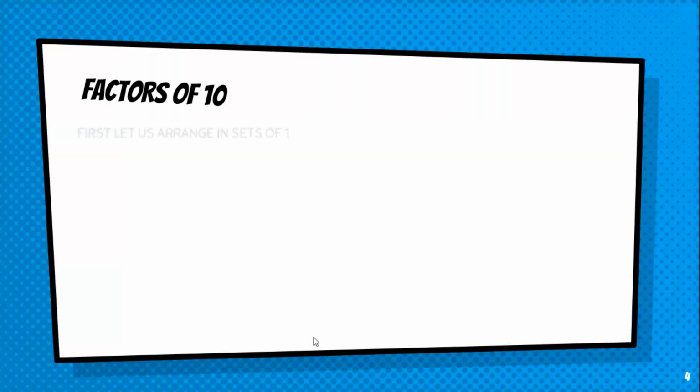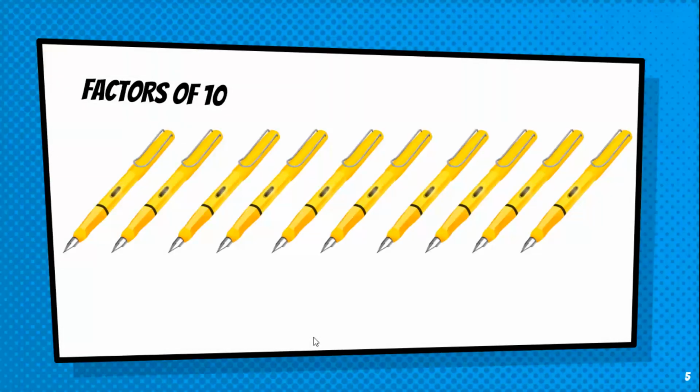Here you can see I have started by first arranging in sets of 1. So when I have this, I am going to arrange 10 pens in one row. See, they are in one row. 1, 2, 3, 4, 5, 6, 7, 8, 9 and 10.